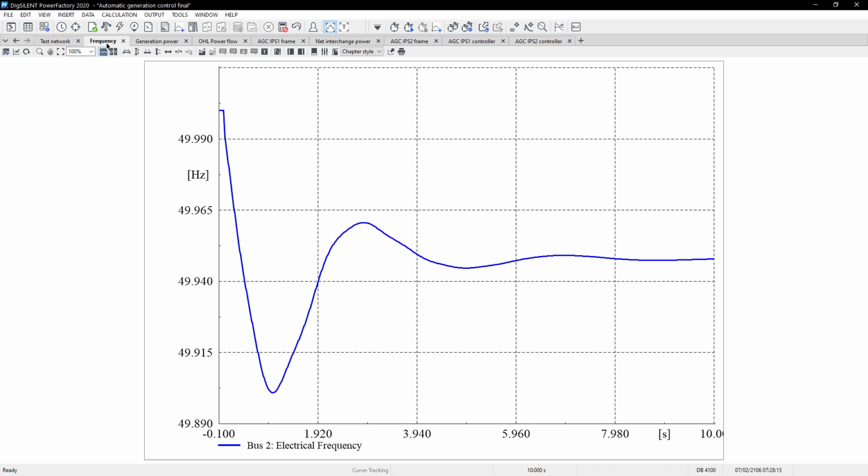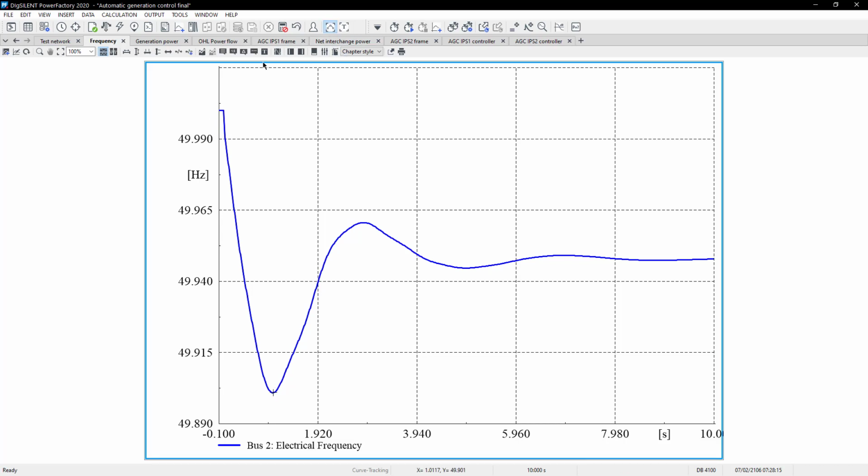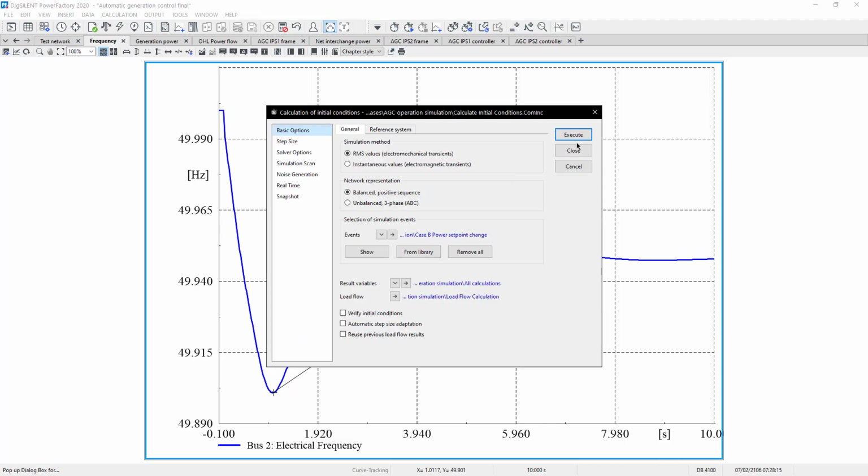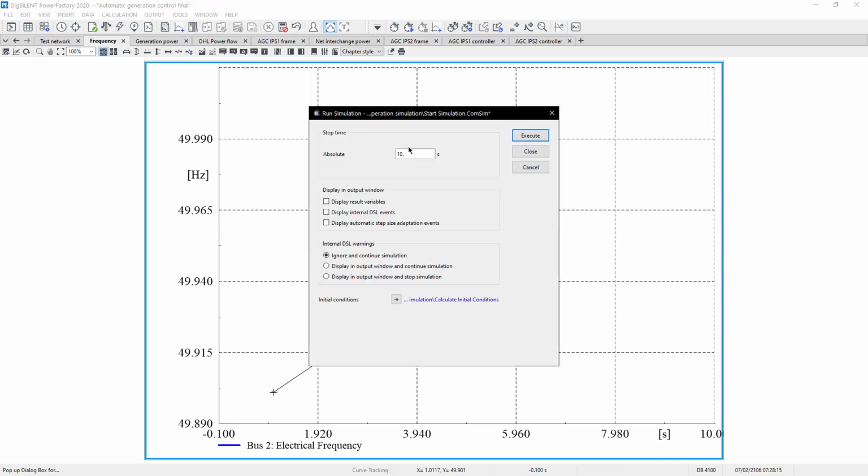If we have a system frequency disturbance, in this case an increase on load number 1 of 25% at t equals 0, the frequency will go down, as you can see over here, reaching a minimum frequency of 49.9 hertz. And then after a few seconds, let me run a bit longer simulation. Let me run 100 seconds.